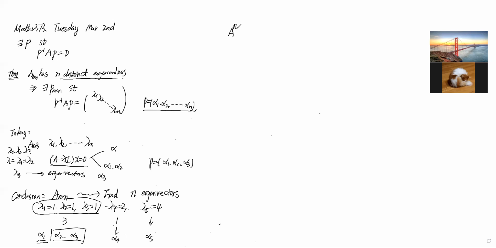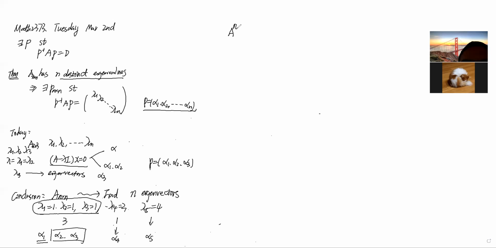If the matrix is n by n, you don't have enough time in a test or homework to find A squared, A cubed, A to the fourth, like that. Anyway, just forget that method.